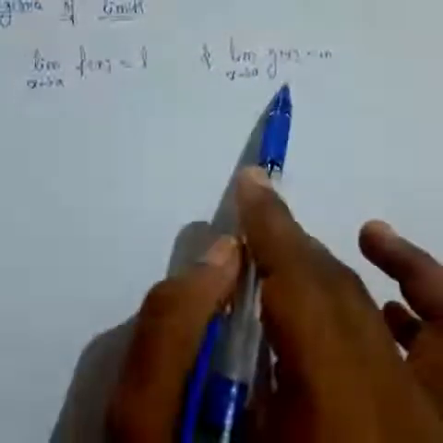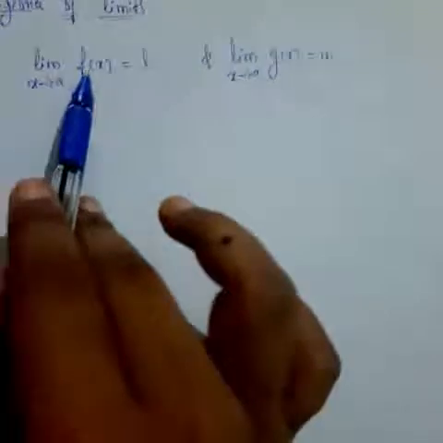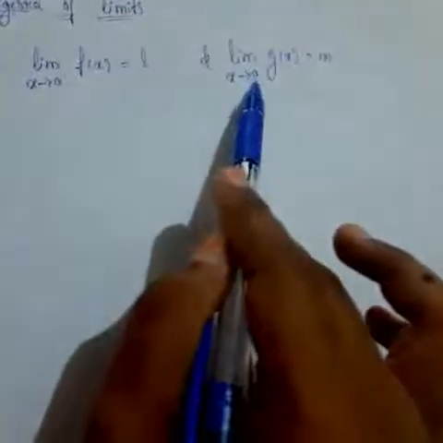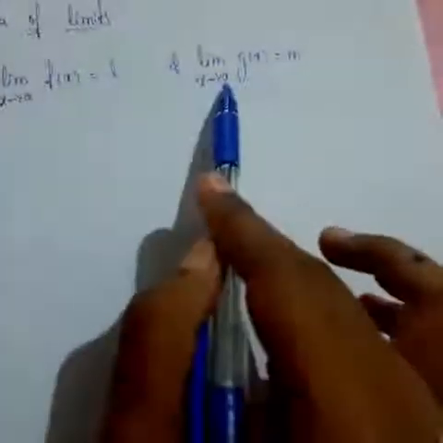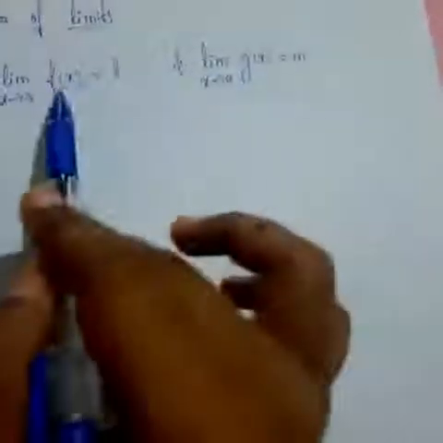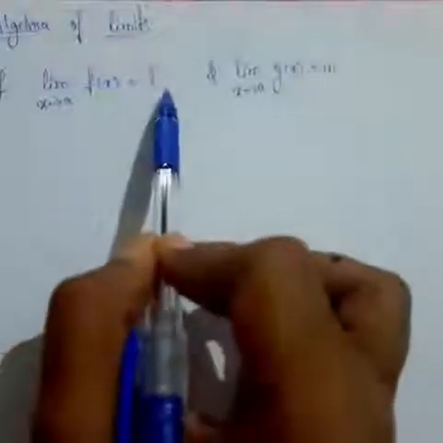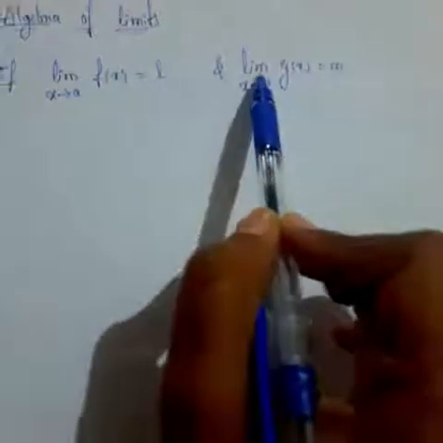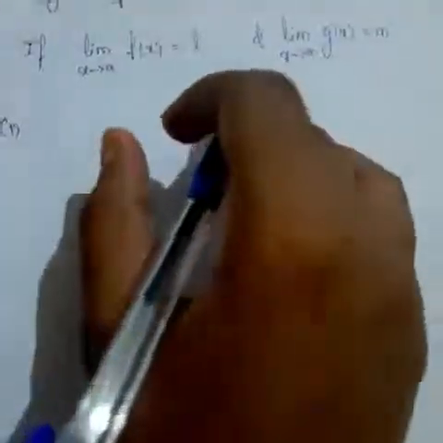Both functions are approaching the same value of x, a, but they may be different functions. The limit of this function is L, and the limit of the other function is m. Then the algebra means how to add, subtract, multiply and divide these two limits.